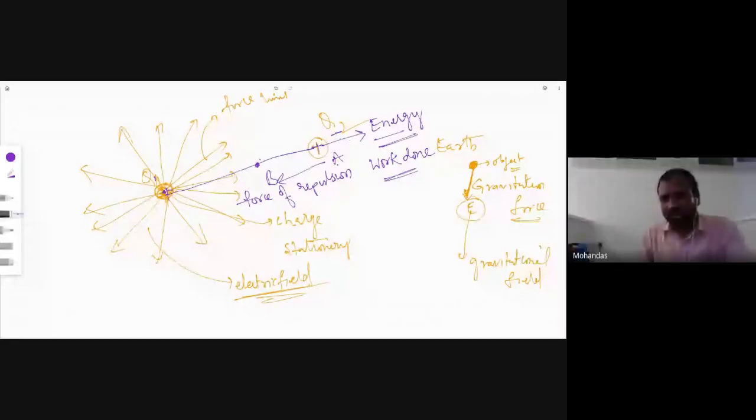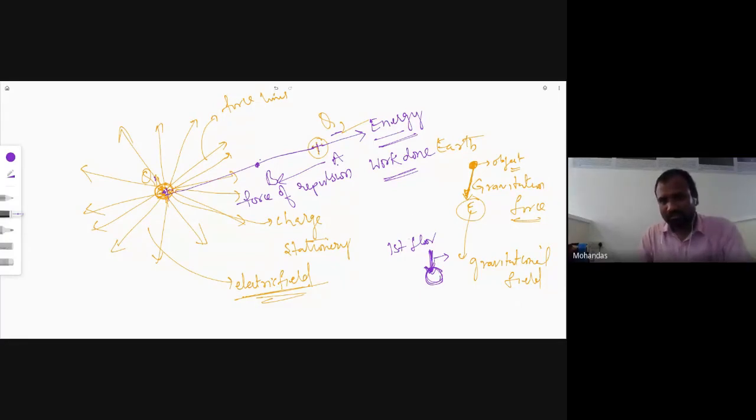Otherwise, I will give you an example. Now you are on the first floor. If you leave a pen from the first floor, the pen is attracted towards the earth. In this case, there is no need to do any work because the earth is taking care of that pen due to the gravitational force.